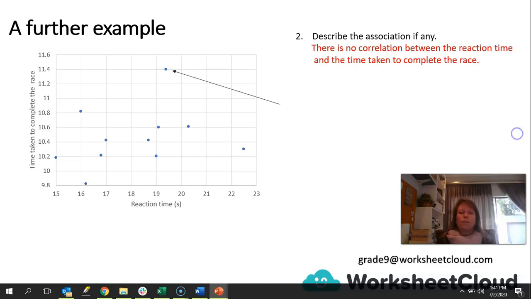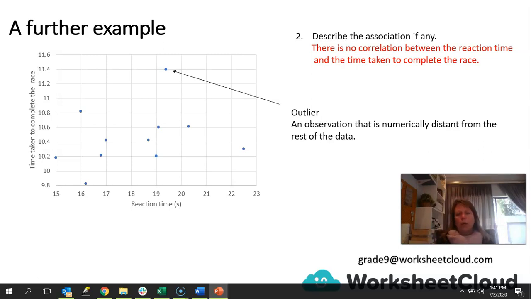Right, guys. There we go. There's a point that's way out there, and we call that point an outlier. Because actually an outlier is an observation that is numerically distant from the rest of the data. So it is way out. Generally where we would look for an outlier is where there is a line of best fit, but there's one point that is way, way, way out.